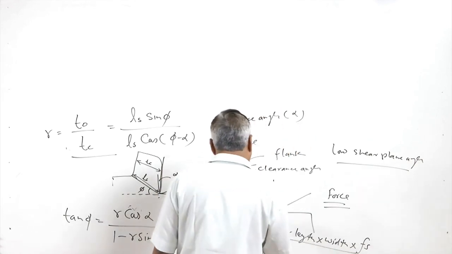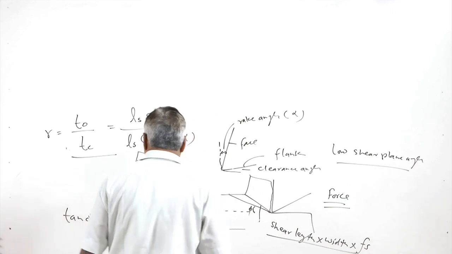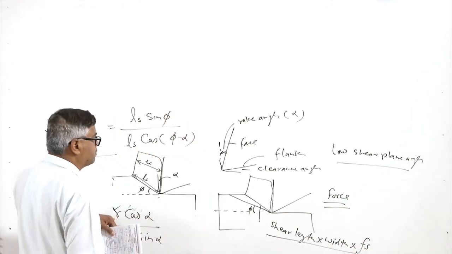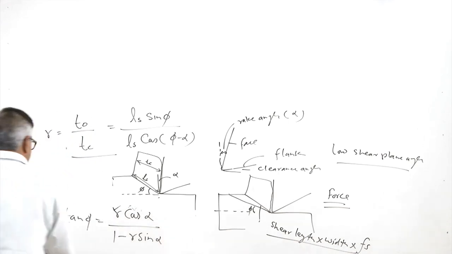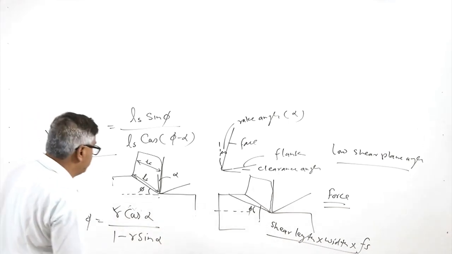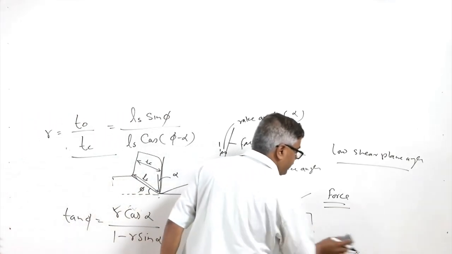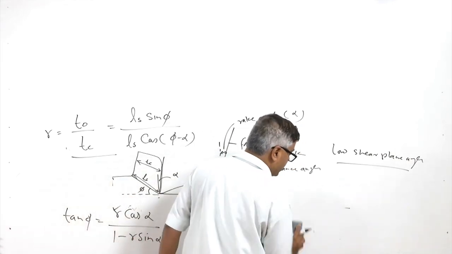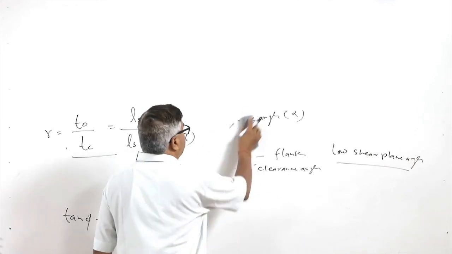This angle phi, or the shear plane angle, is a function of the tool rake angle alpha and the chip thickness ratio. If we have an idea about the chip thickness ratio and the tool rake angle, then we can determine the shear plane angle.